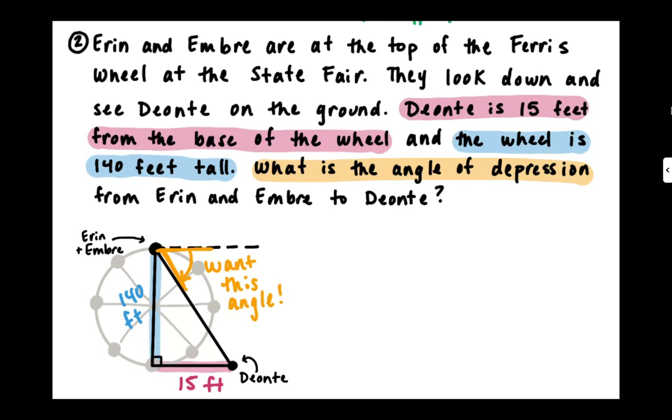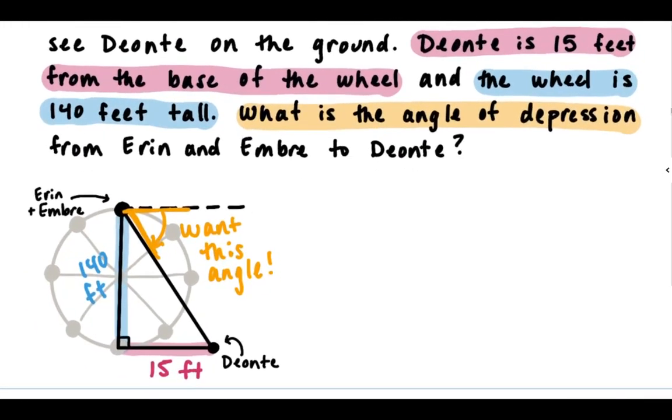But we might notice that that angle is outside the triangle. So we can't easily use trig to find that angle just now. But we could use trig to find an angle inside the triangle. And we know that this whole corner is 90, so if we found this chunk, then we could find that chunk.